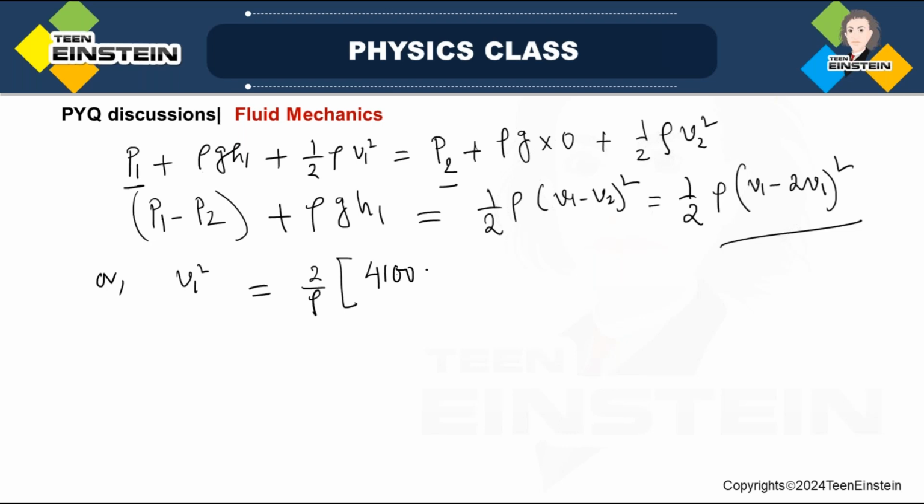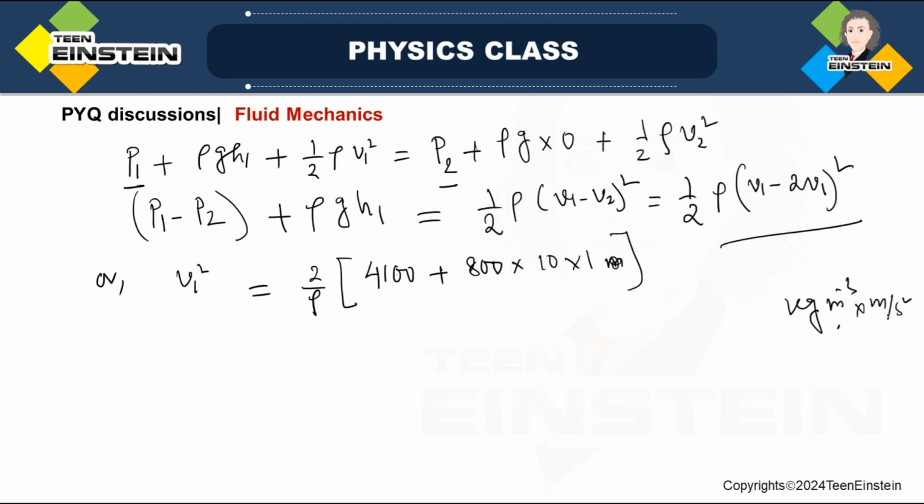This I can write as this, plus rho is 800 kg per meter cube, that is the density, H. G is actually 10 meter per second square, and H is given as 1 meter.